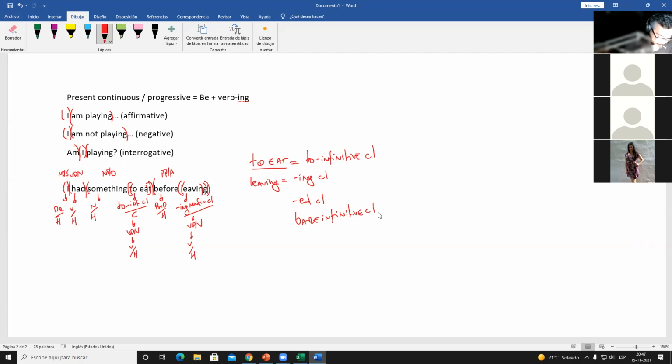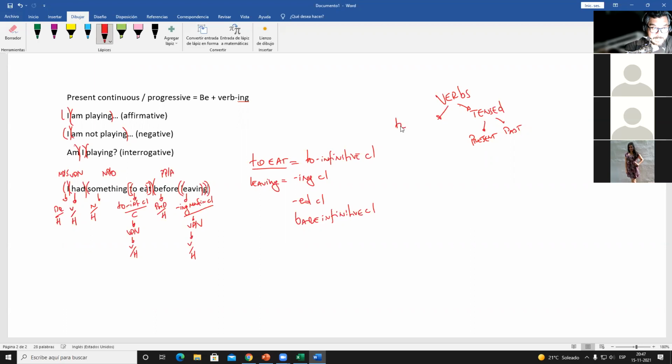¿Dudas? Profe, sí, yo tengo una. ¿A qué se refiere con bare infinitive clause? Sí. Los verbos tienen formas. ¿Sí? Los verbos tienen formas. Si son tensed, tienen la forma present o past, ¿sí?